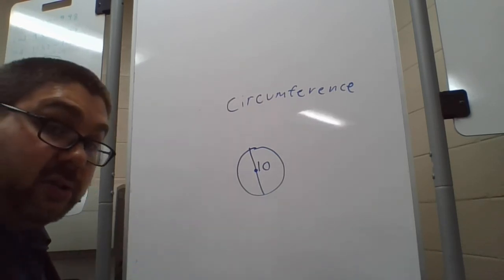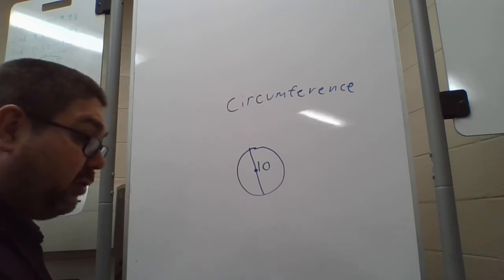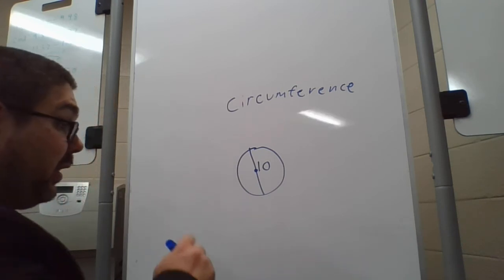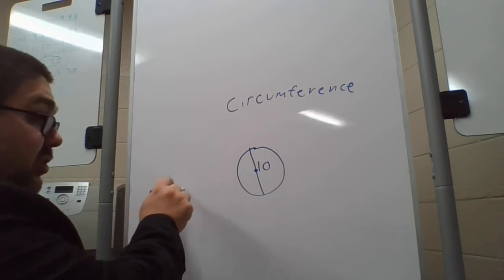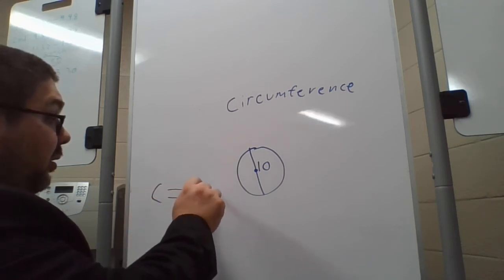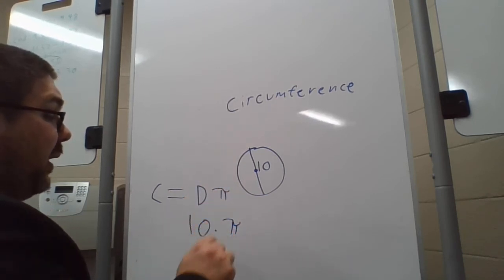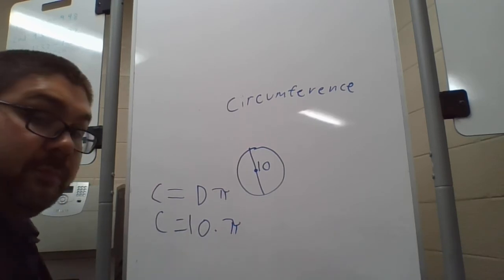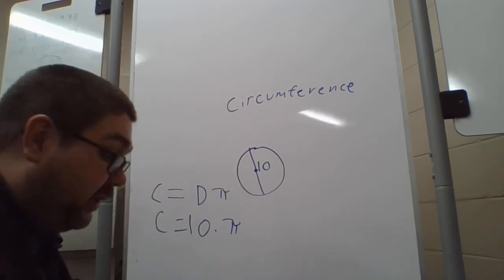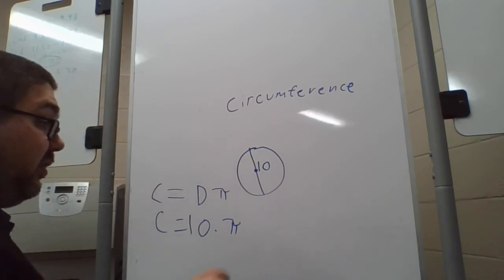But that's clearly a diameter. Well, what's the formula for circumference when you have a diameter? C, circumference, equals diameter times pi. So we can just do 10 times pi. Just put 10 times pi in a calculator. You may get this.